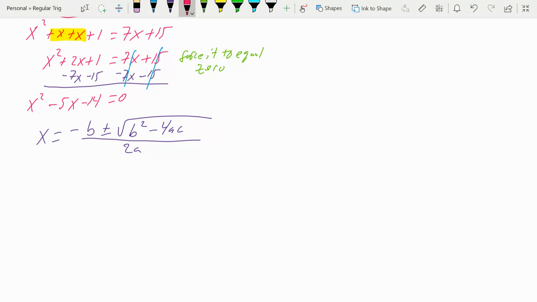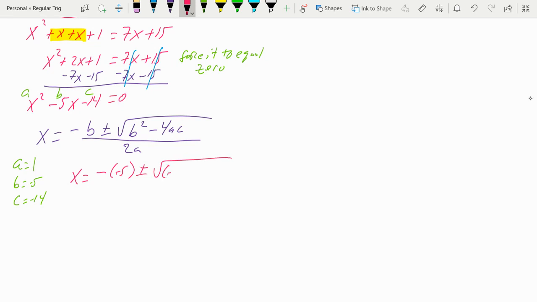So what do we know? Well, we know that a is 1, b is negative 5, c is negative 14. So just remember, there's a, there's b, there's c. Now let's start plugging stuff in. x is equal to negative, b is negative 5, plus or minus the square root, b squared.